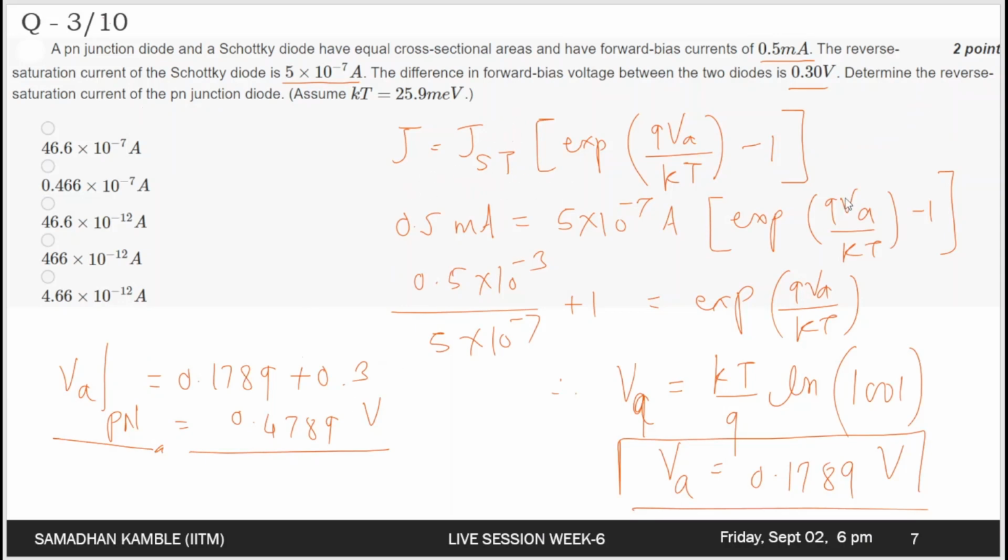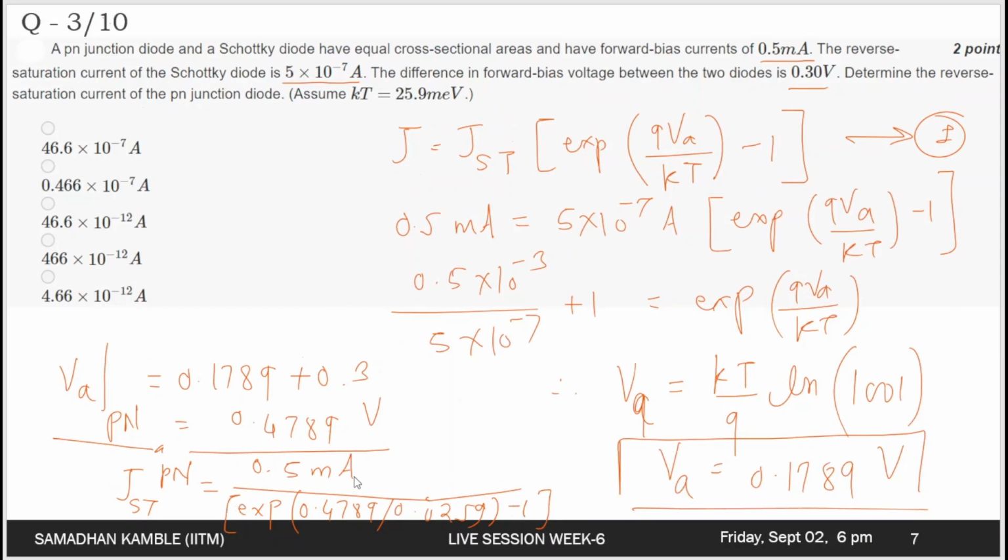If you rearrange equation number 1, JST for the PN junction would be equal to the total current, that is 0.5 milliampere, divided by exponential of VA, that is 0.4789, divided by KT over Q, that is 25.9 milli electron volt, that is 0.0259, minus 1.